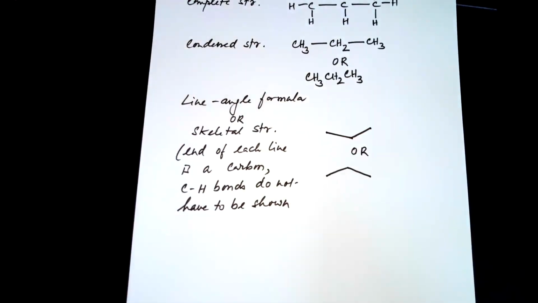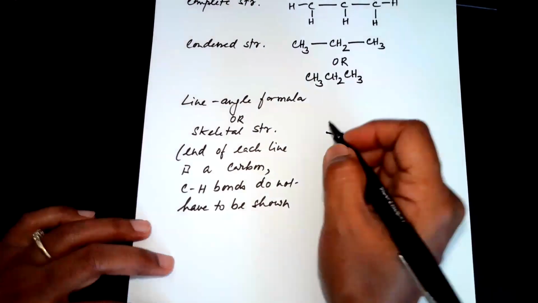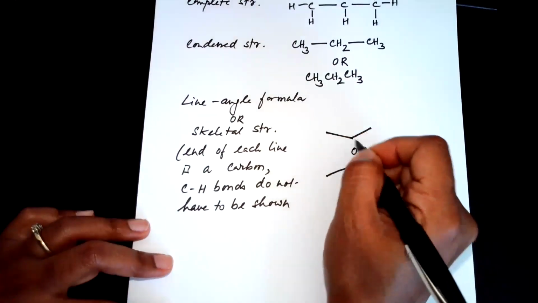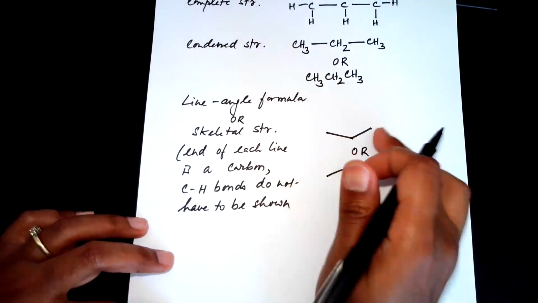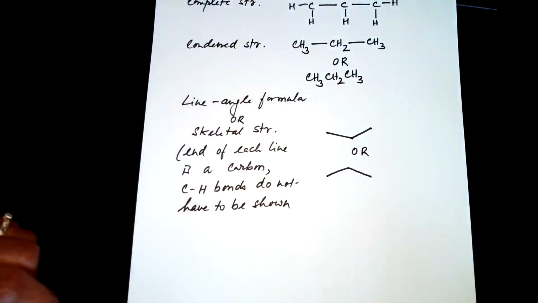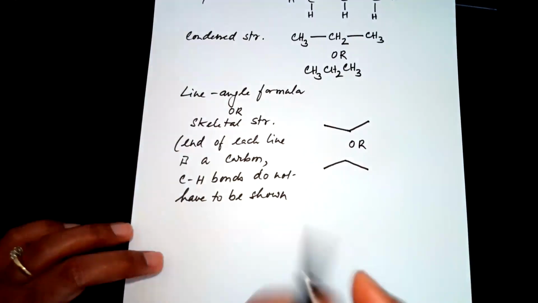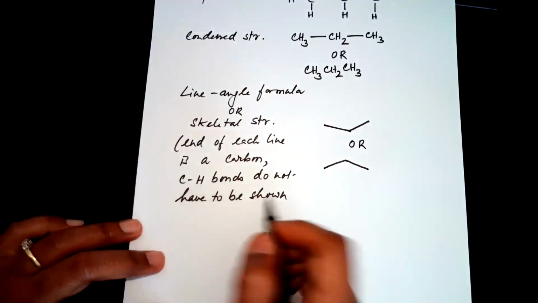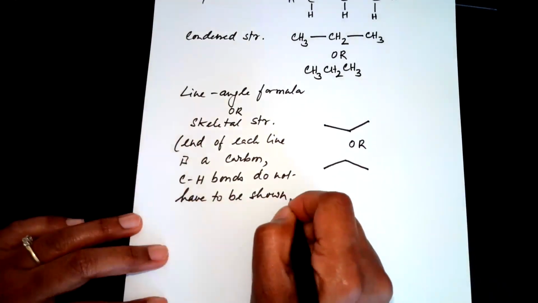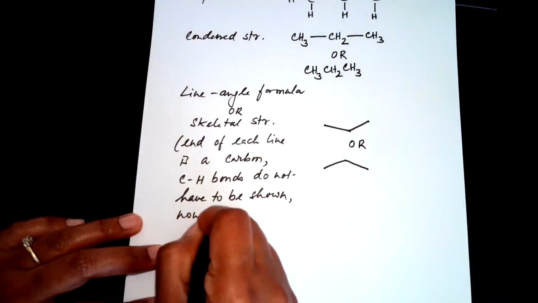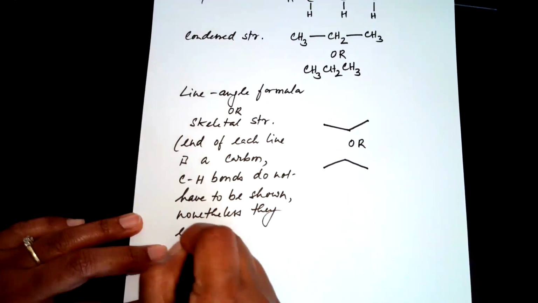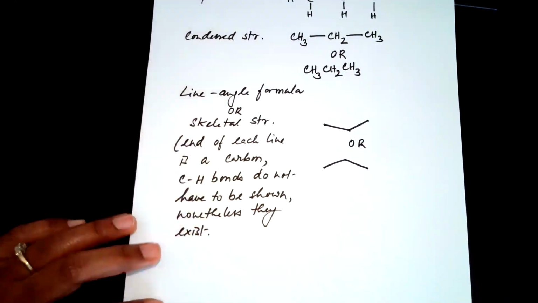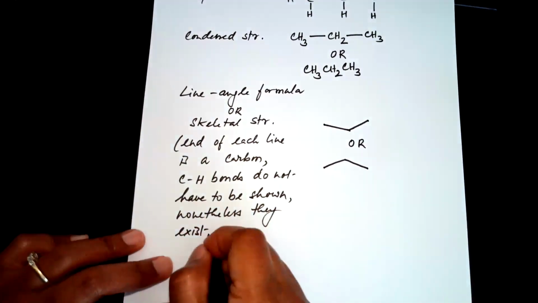We can do one for practice together. So there should be 3 other bonds here, 2 other bonds here, 3 other bonds here, and then you stop at each of those carbon centers and then give me the answer. So carbon-hydrogen bonds do not have to be shown. Nonetheless, they exist. That's an important something to remember.